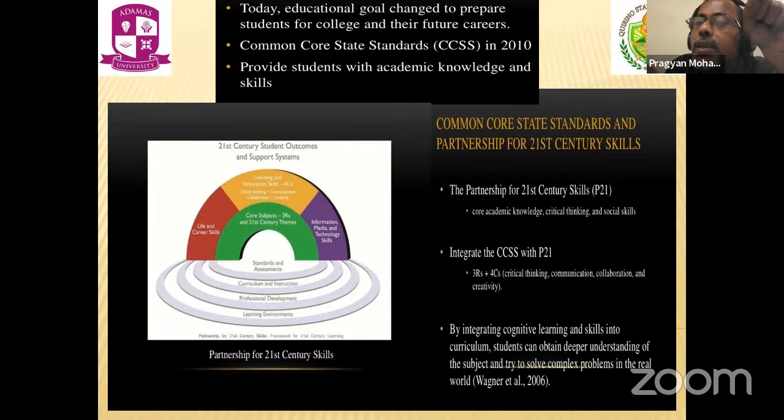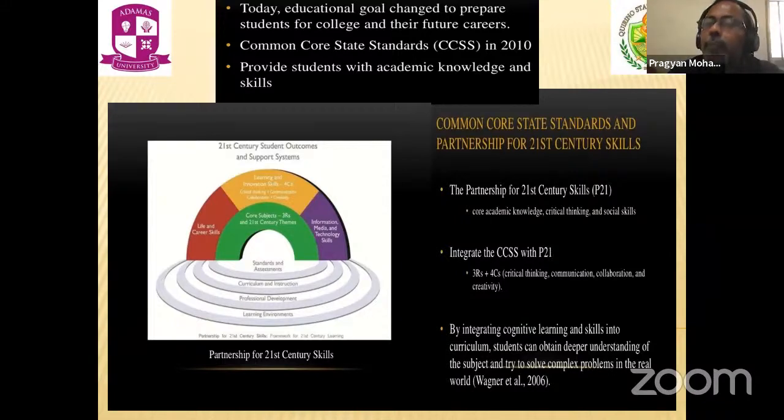What the 21st century skills, along with my discussions previously, focus on is 4C. 4C means critical thinking, communication, collaboration, and creativity. These are the 4 skills that are integrated with the common core state standard of 3 R's to form the 21st century curriculum.